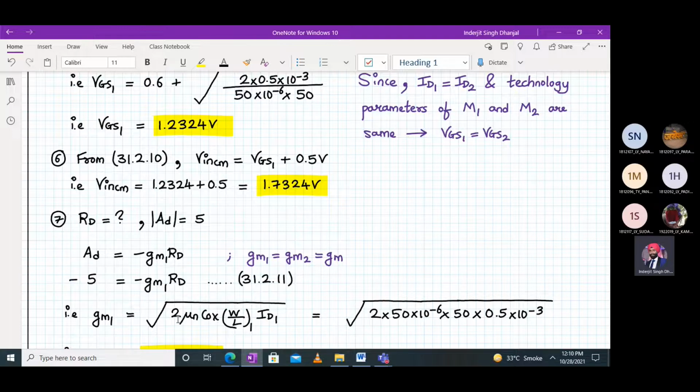If someone is solving this in a calculator, please cross check. So you all can unmute and tell me what is the value of GM1. Quickly, we can solve another numerical also.